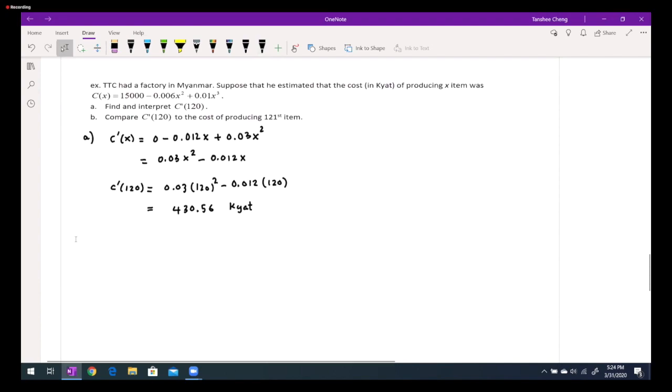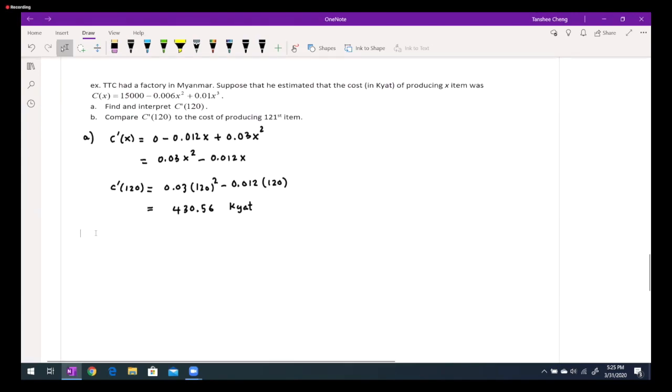That is basically talking about the rate at which the cost is increasing. And I'm saying increasing because the value of C prime is positive. So the cost is increasing at a rate of 430.56 kyat at the production of the 120th item. So we are talking about a particular production case.